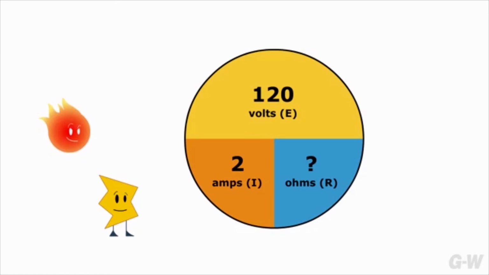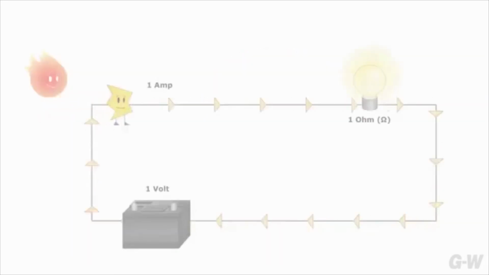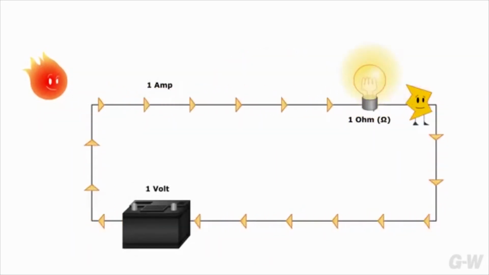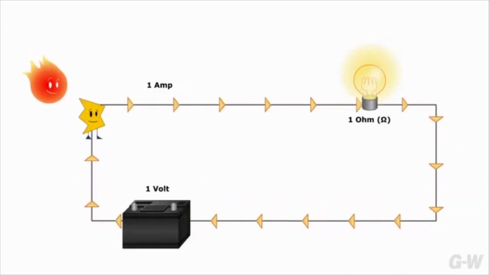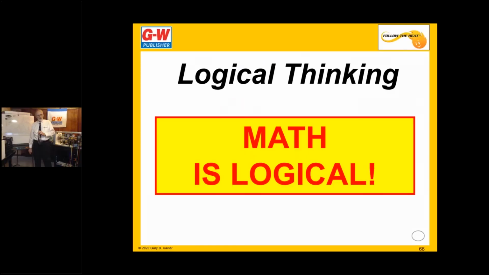For example, in a circuit with an EMF of 120 volts and a current of 2 amps, the resistance would be E, 120 volts, divided by I, 2 amps, thus 60 ohms. Ohm's law makes it possible to calculate unknown electrical values, which can be a great help in troubleshooting electrical circuits and components. Ohm's law math.